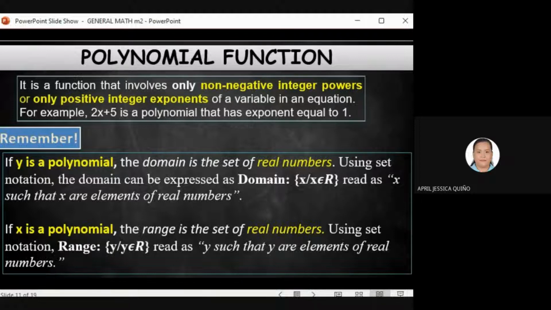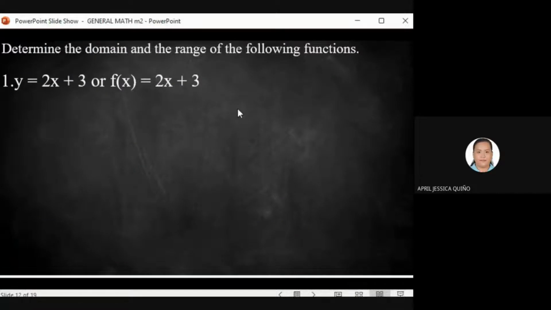So let's have an example to better understand how polynomial function works. Here we have y is equal to 2x plus 3, or f of x is equal to 2x plus 3. Remember mga anak that y is also f of x, so these terms are interchangeable.